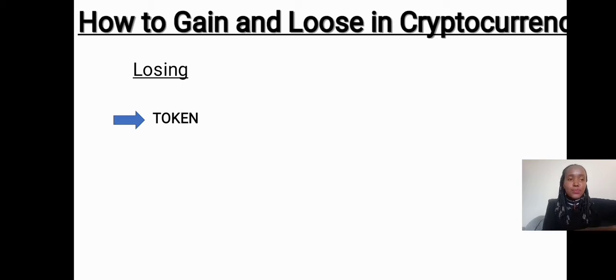Number two, we come to what we call mining. Mining is very profitable, but mining requires supercomputers that use a lot more power than most African countries can produce.